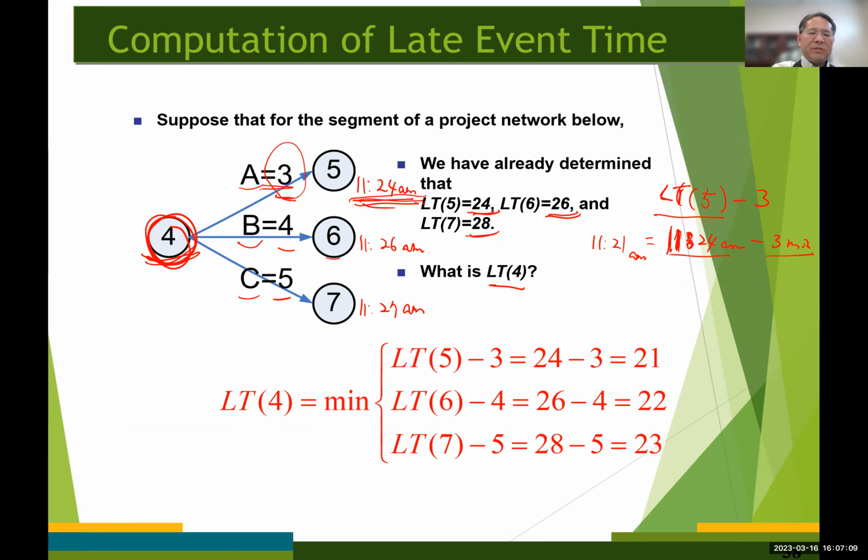Then node number 5 will occur after 11:24. That is the latest time for event number 5, right? And in this case, the completion of the project will be delayed.